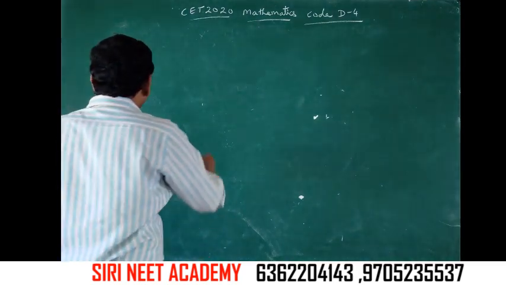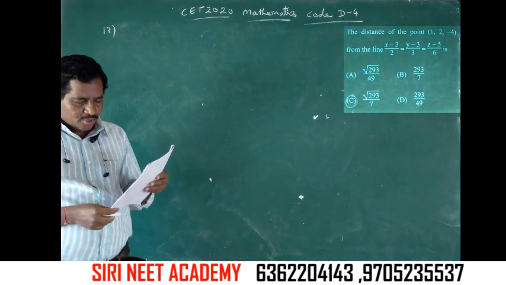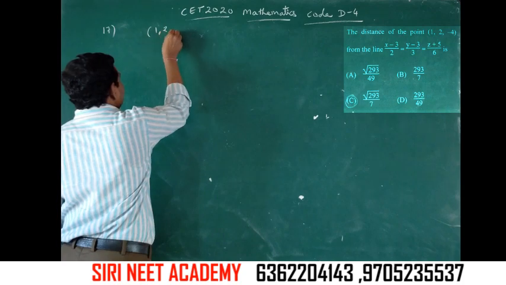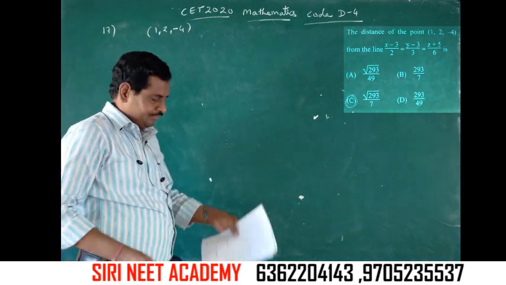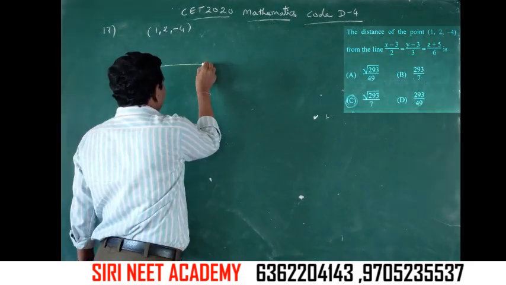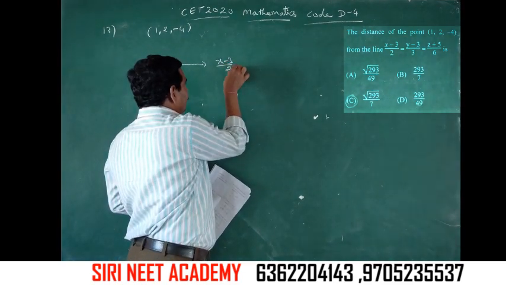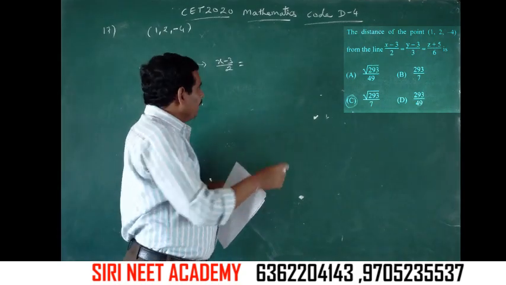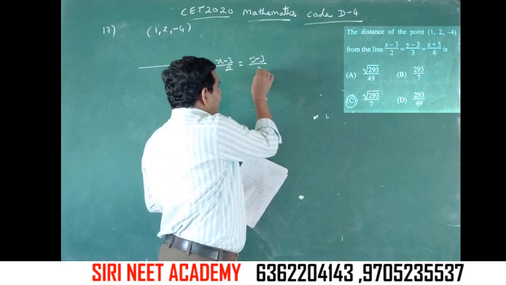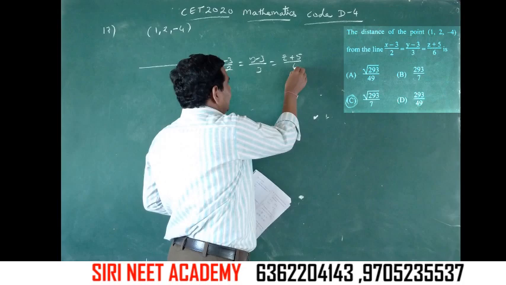Now question number 17. The distance of the point 1, 2, minus 4 from the line x minus 3 by 2 is equal to y minus 3 by 3 is equal to z plus 5 by 6 is.